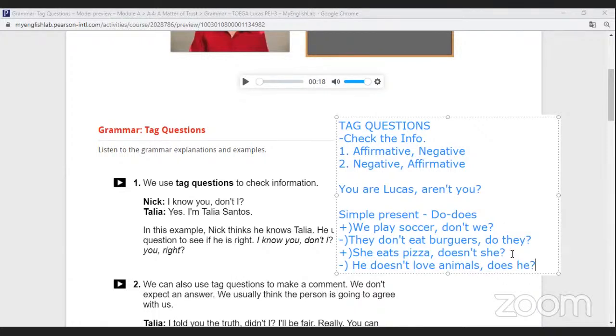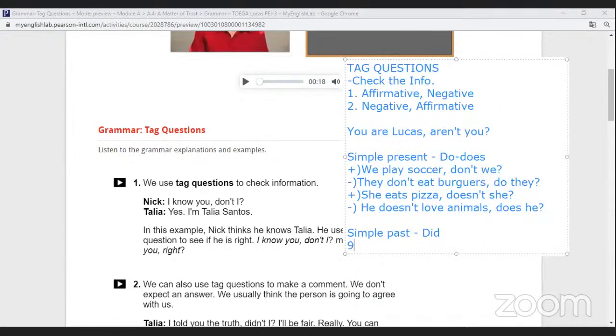Very good. And what happens, for example, if we talk about simple past? In simple past, we said that our auxiliary is did. But the same as do and does, if we have affirmative sentences, we don't put the auxiliary, but we put the verb in past, right? For example, they bought a car.